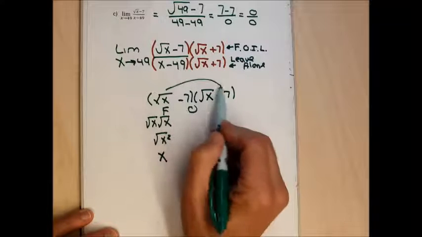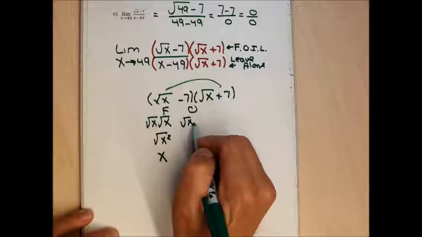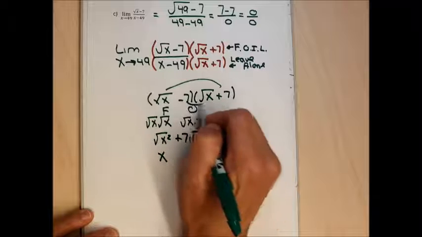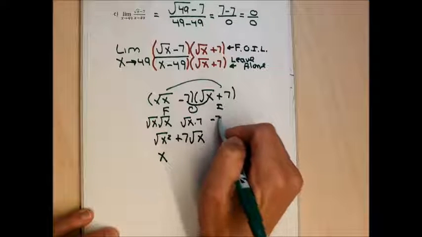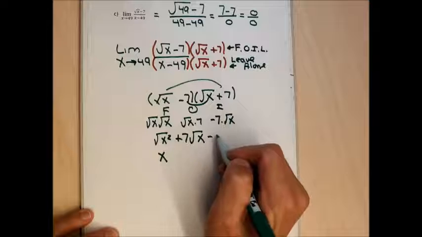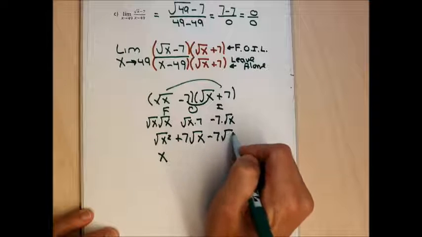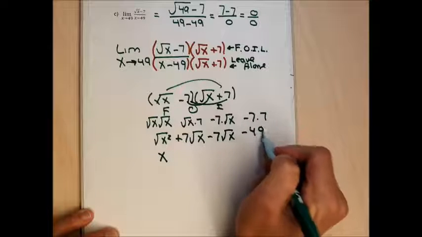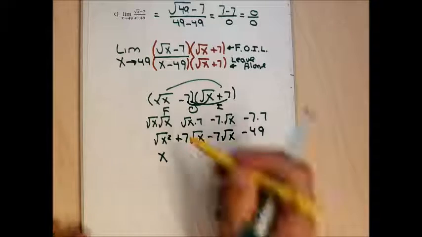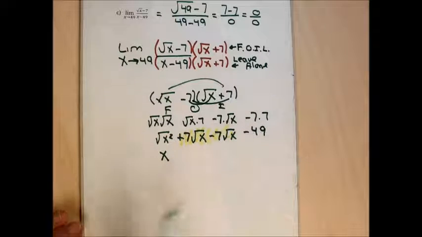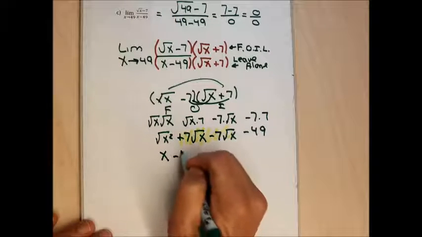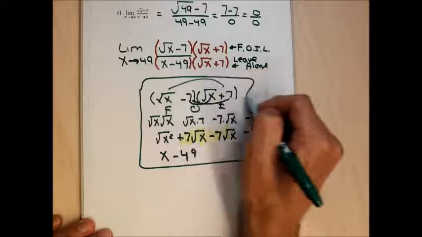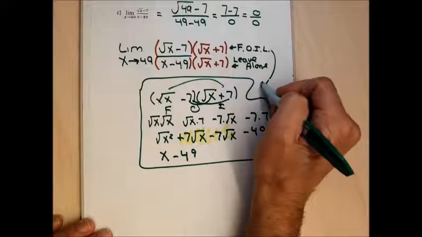I'm going to do outers, which is the square root of x times 7, and that's just plus 7 square root of x. I'm going to do the inners, which is minus 7 times the square root of x, which is just minus 7 square root of x. And I'm going to do the last, which is minus 7 times 7, which is minus 49. The outers and the inners cancel, and when I FOIL out that numerator, I get x minus 49. So all this work right here is just to help me do the foiling for the numerator.